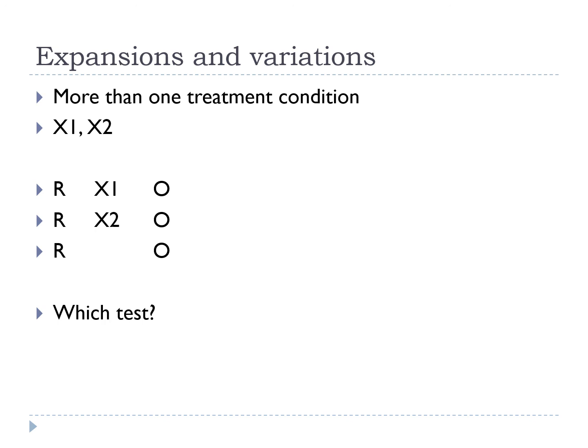In this particular case, because you have 3 groups instead of 2, you would once again, guess what, have to use a one-way ANOVA in order to test those differences because we're dealing with more than 2 groups.